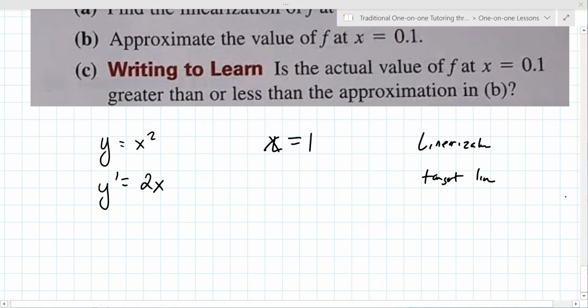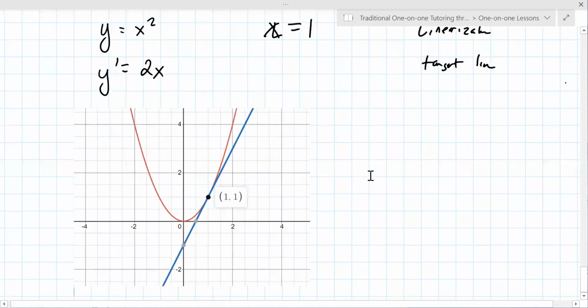All right, so here we go. Here's a picture. So what you are doing when you're doing linearization is your original function is this red one.